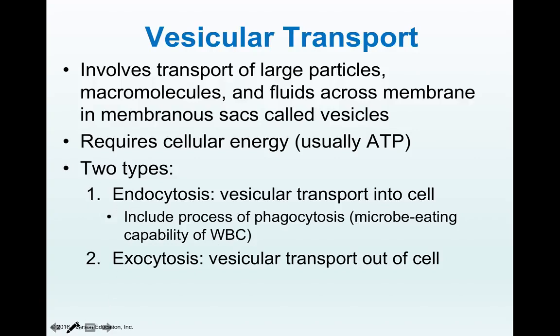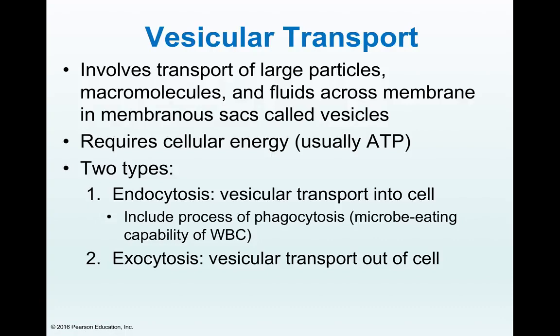Endo means inside, exo means outside. Cyte means cell, so endocytosis means moving a component or vesicular transport into the cell, endo, inside the cell, and exocytosis means vesicular transport out of the cell.